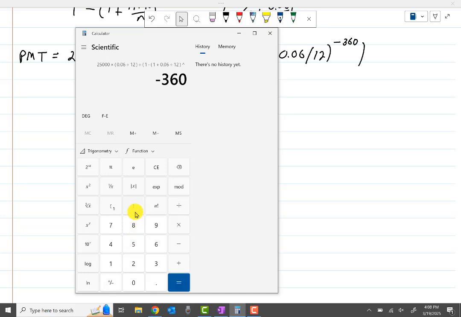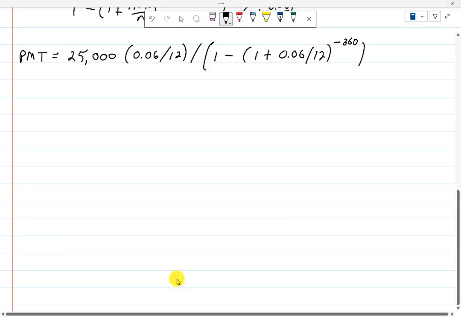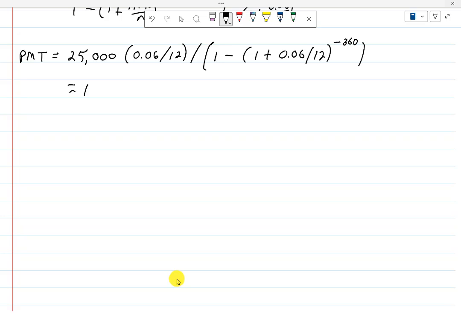And then let me finish off the last parenthesis. And then I think we're good if I hit equals. It looks like $149.89. Those are our monthly payments.